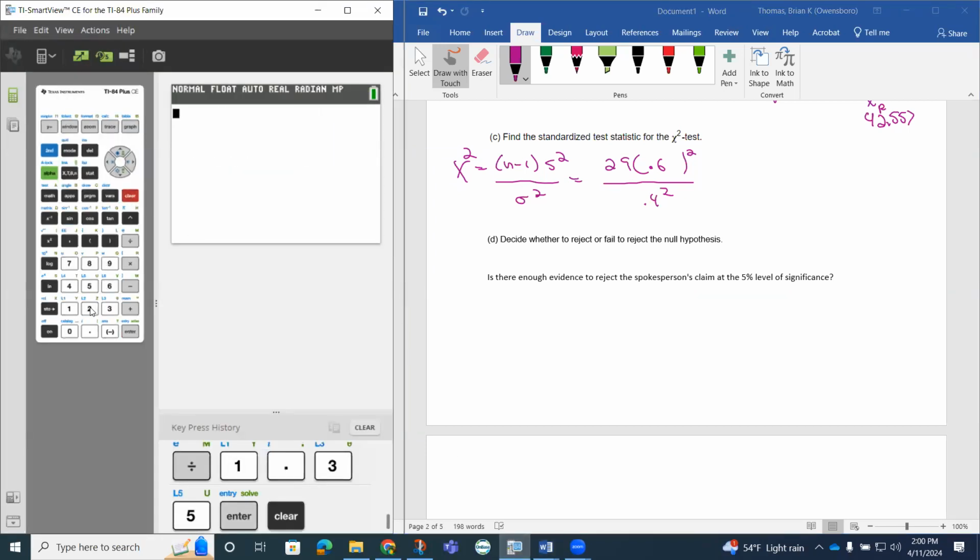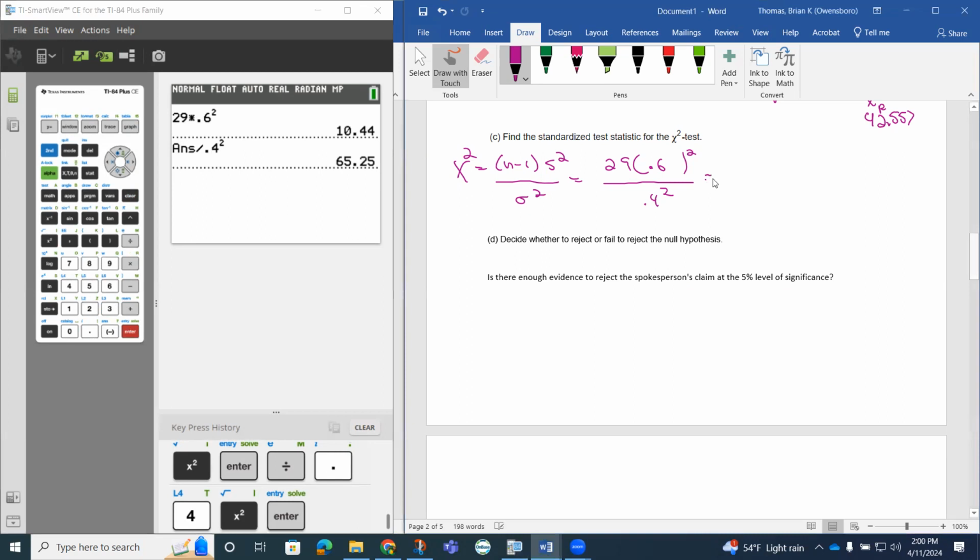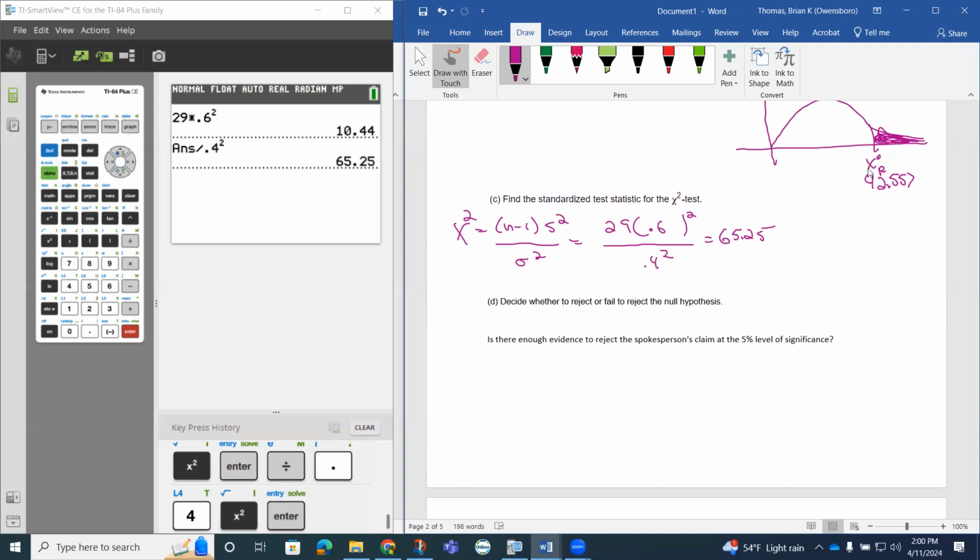So if we go 29 times 0.6 squared, and then divide that by 0.4 squared, that gives us our test statistic. So we're getting 65.25.